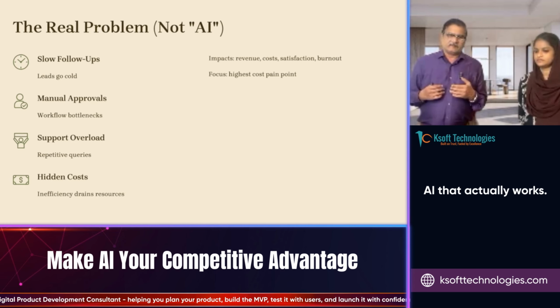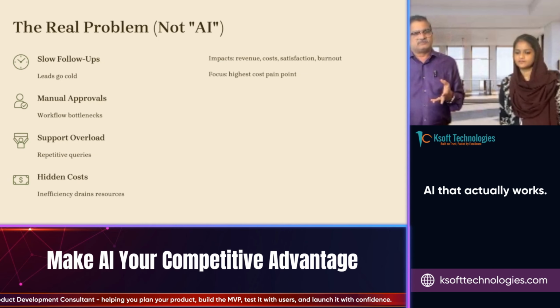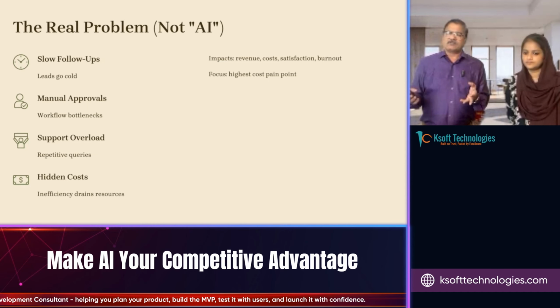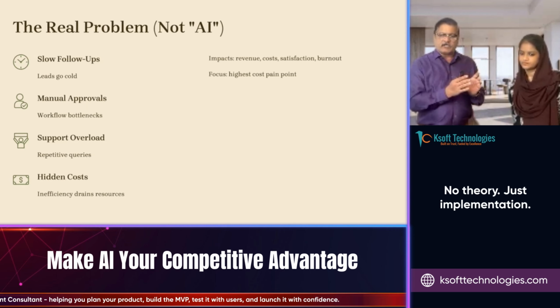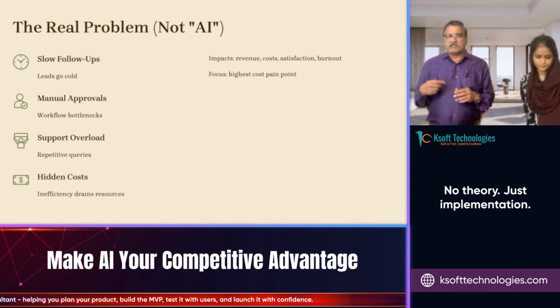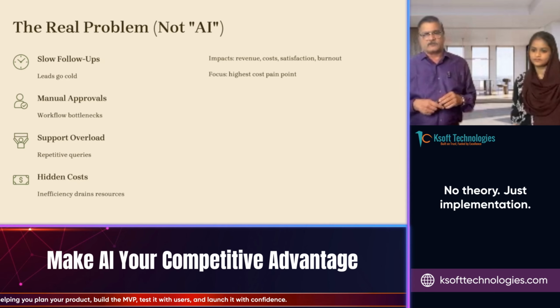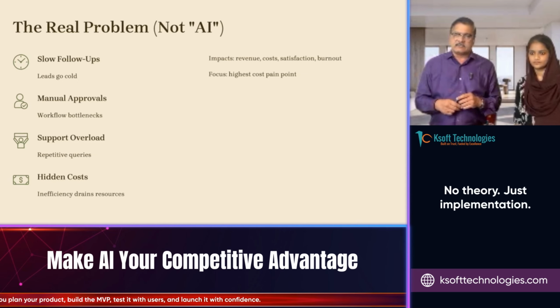Then the second is, I'll take one example, slow follow-ups. What are slow follow-ups? We are moving into one particular department, sales. Now we have multiple channels where we have been marketing, with lead generation through referrals, different outgoing campaigns, incoming leads and all those things.